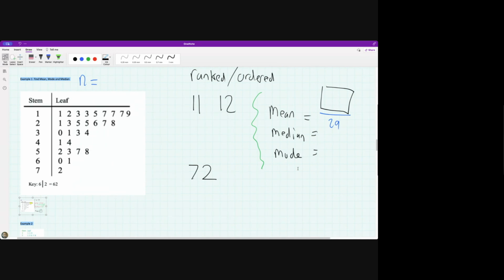I get 935. Although I did add that up rather quickly, so I need to be careful.